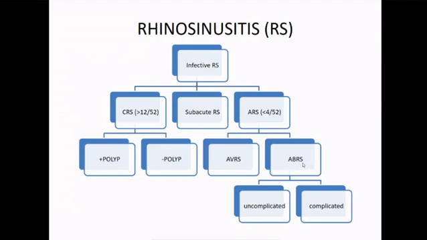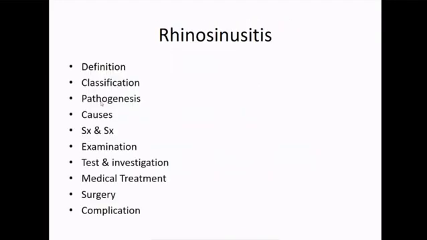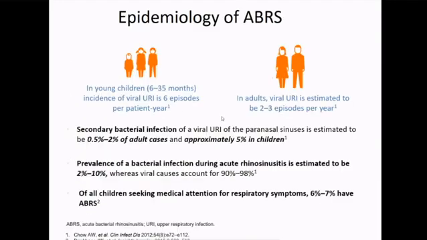But if you got bacteria, it is more severe, and then you must give antibiotic and whatnot. Okay. So classification. Okay, this is a little bit on acute bacterial rhinosinusitis. When you say it is bacteria, or when you say it is viral.